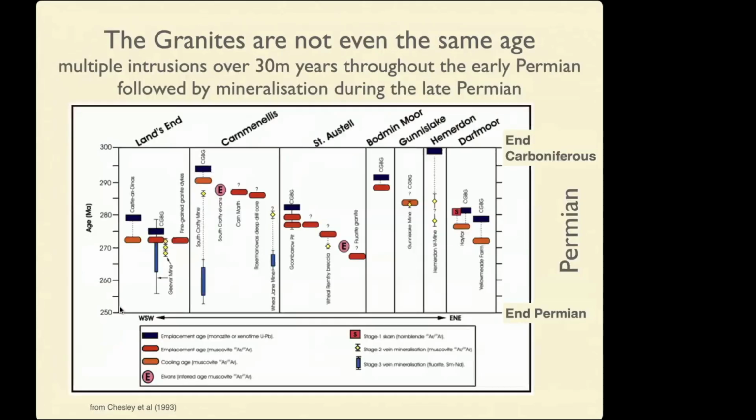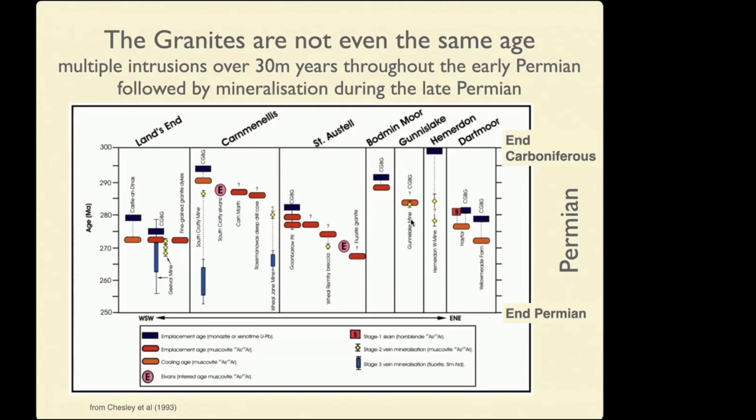And they're not even the same age. So this is the entirety of the Permian, basically. And unfortunately, this diagram has time going that way, downwards. The earliest ones were Carmenellis, Bodmin. These are small things.